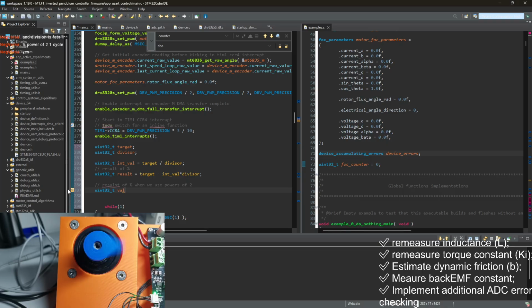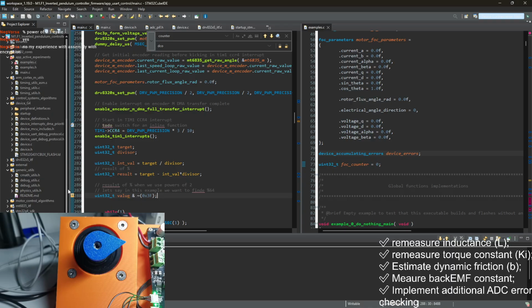Let's say we want to find the remainder by 64, and 64 is 2 to the 6, so it will be value AND not 0x3F. This is how it will work. And this is a one operation remainder of division when we use powers of 2.